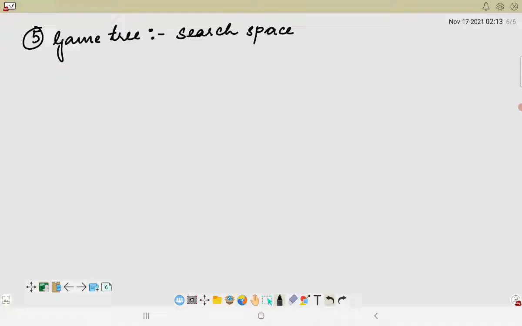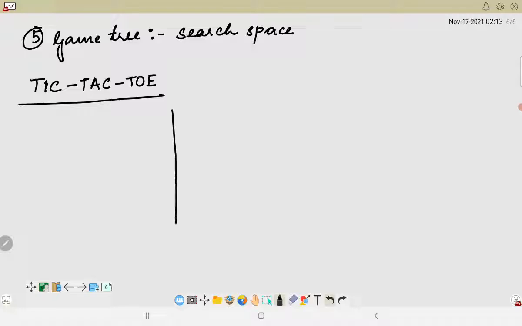Okay, so we will discuss a problem which is known as tic-tac-toe. This problem we have already played a lot. It has an environment something like this, and it is a fully observable and deterministic environment.